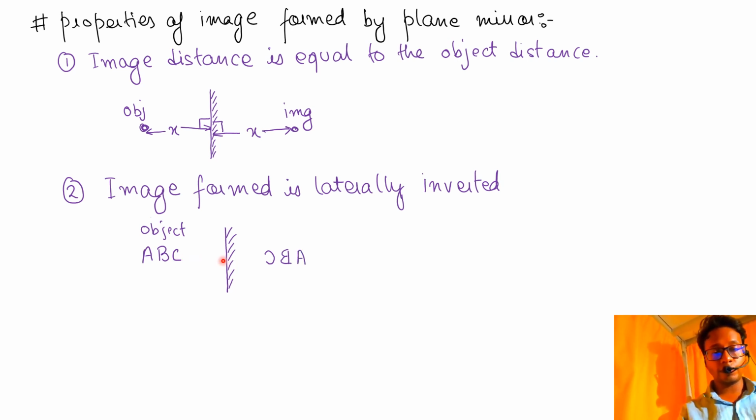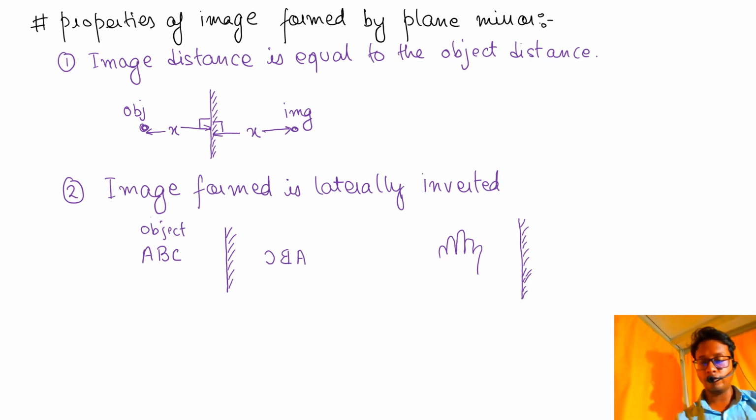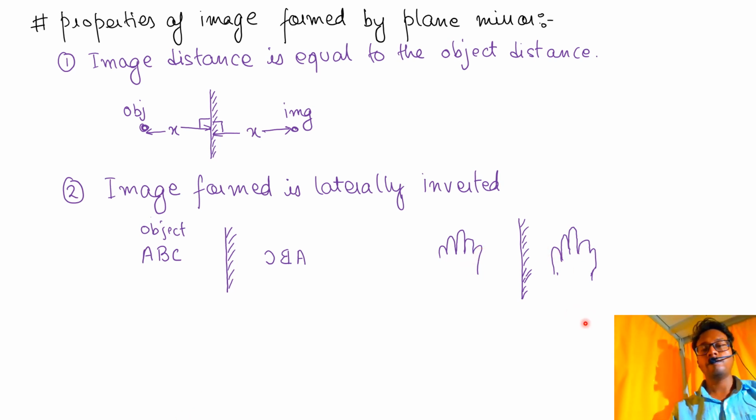Because C is nearest to the mirror and our object C will be nearest to the mirror. Similarly, if there is a hand that is being reflected off a mirror, my hand image produced will be somewhat like this. Out here, if this was the thumb, out here this will be the thumb. That means my objects are laterally inverted.